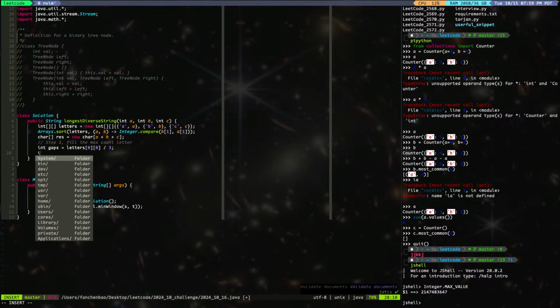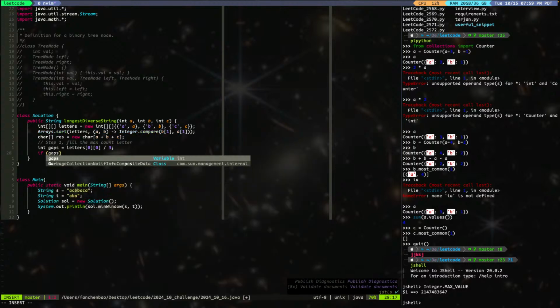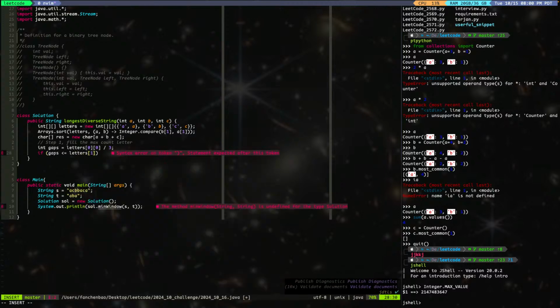So I'm going to say if gaps is smaller equal to letters 1, count is at 1, right? Is smaller equal to this.